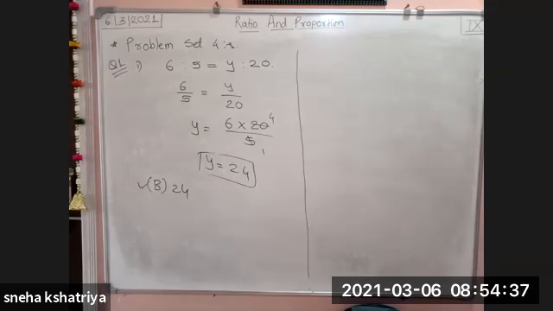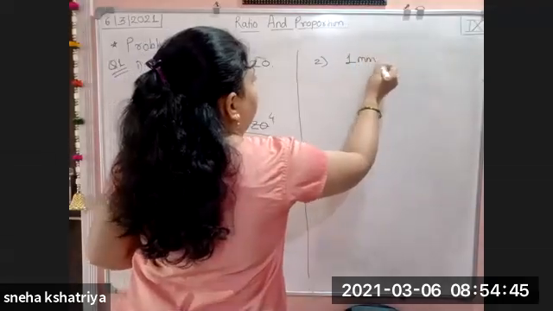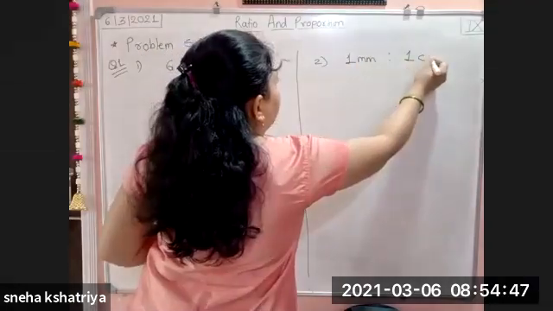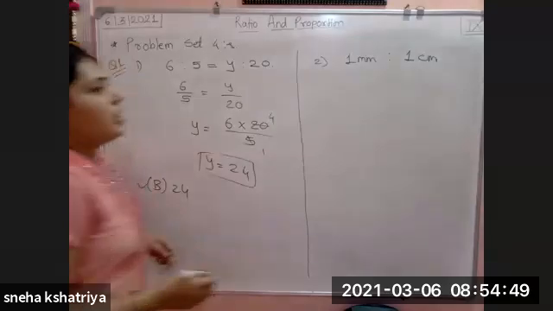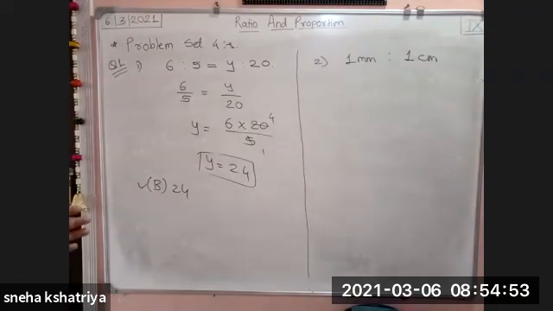Now the second question. What is the ratio of 1 mm to 1 centimeter? We have seen such kinds of examples. I've told you, whenever the units are different, you first have to make the units the same.